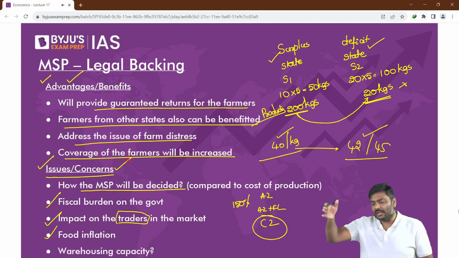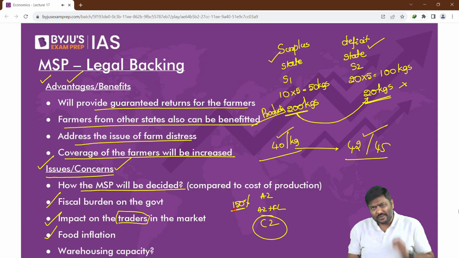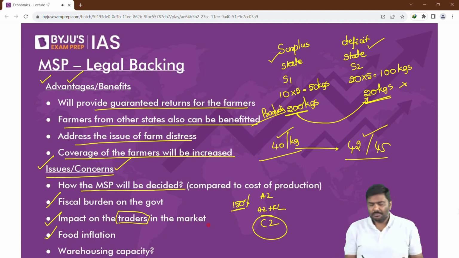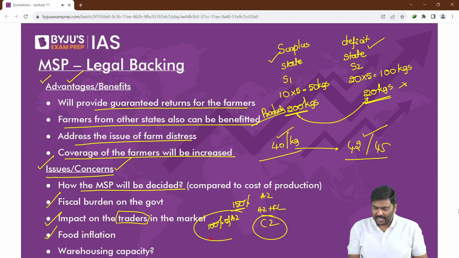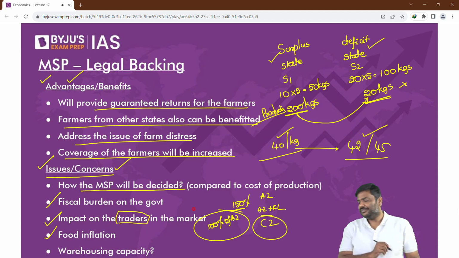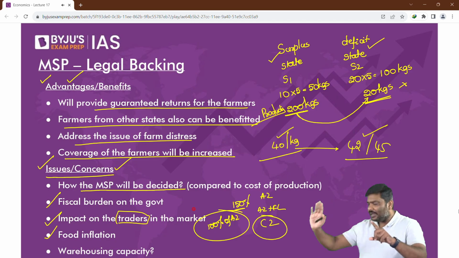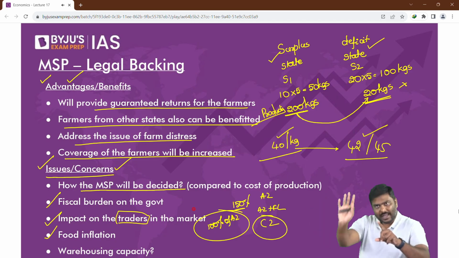So the question is, if government will provide legal backing to MSP, will they provide 150% in the first place? What if they say, okay, I will give you legal binding MSP, but now I will give you 100% of A2? Tell me, will the farmers get the benefit? Government says you want a legal guarantee.